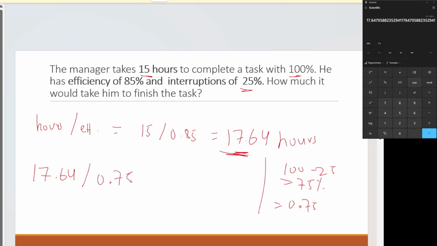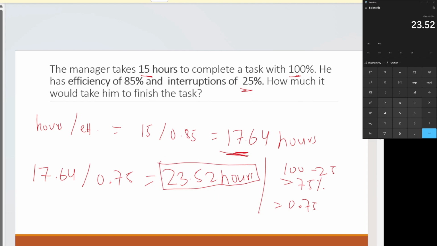Let's calculate it again. 17.64 divided by 0.75 would give us 23.52 hours. This is the final answer for this question.